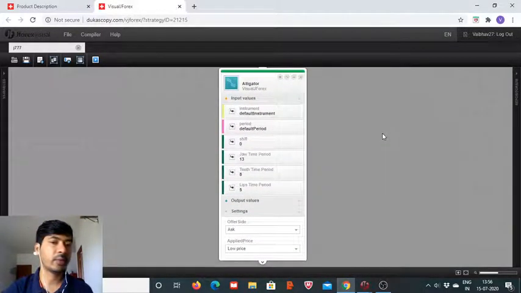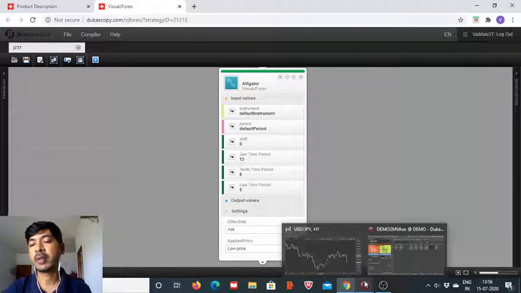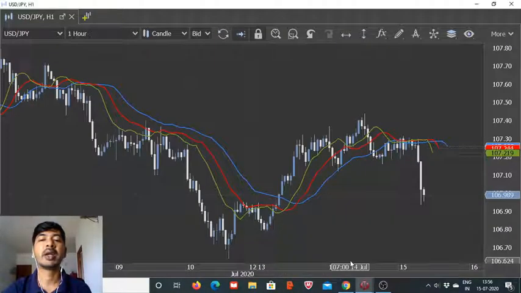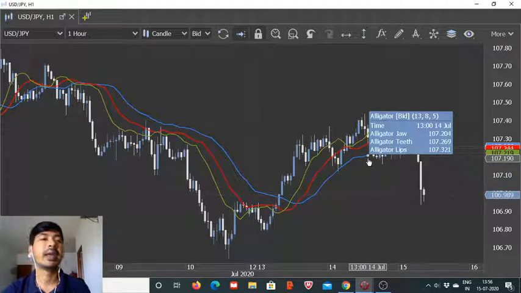So that's it from my side for today's session, in which we have tried to get well familiar with this alligator, which was developed by Bill Williams.